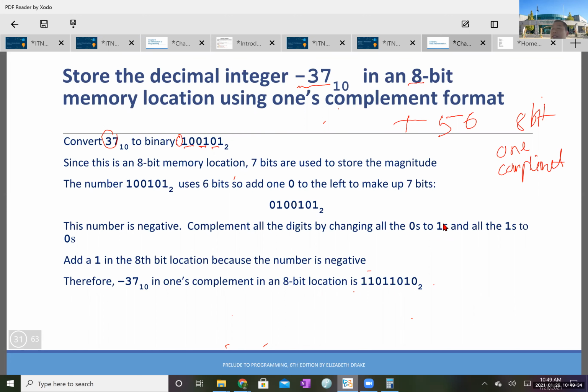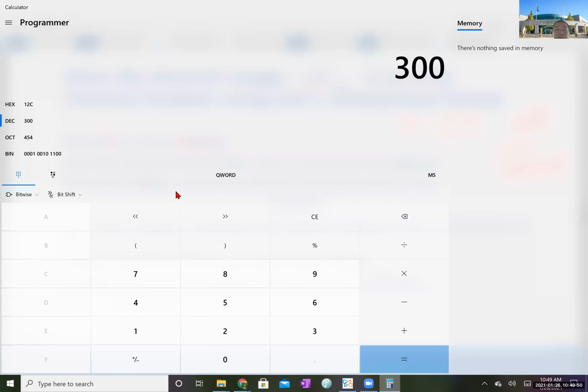Okay, so remember one thing about working with the positive, it works the same, right? Normally here, in the 8 bit, you know that for the positive, the leftmost bit is 0. So now you just convert the 56 here. You have 1, 1, 1, 0, 0, 0, right?